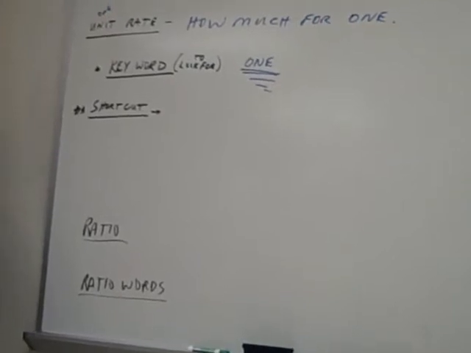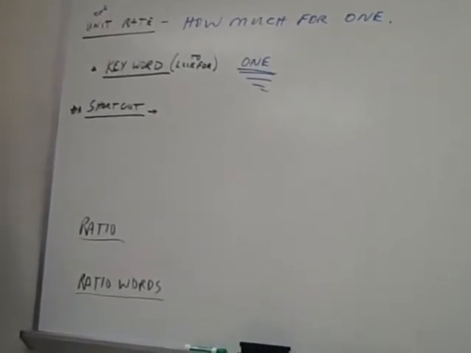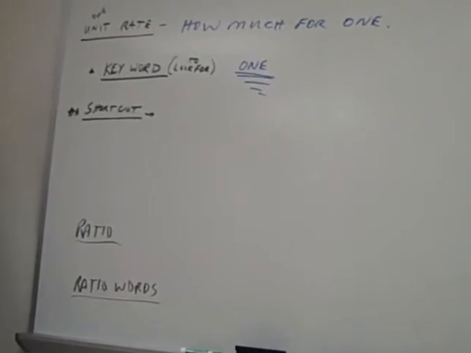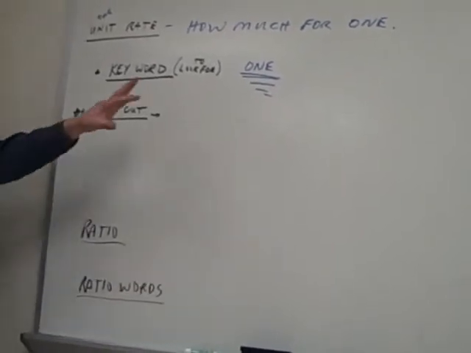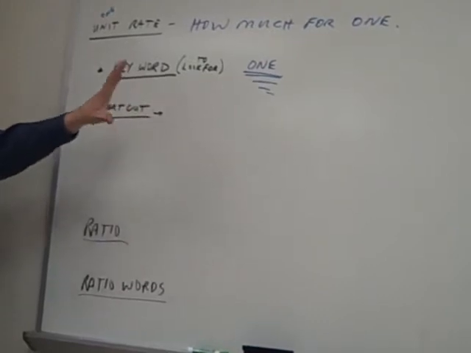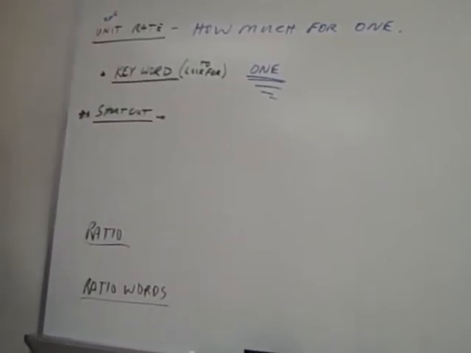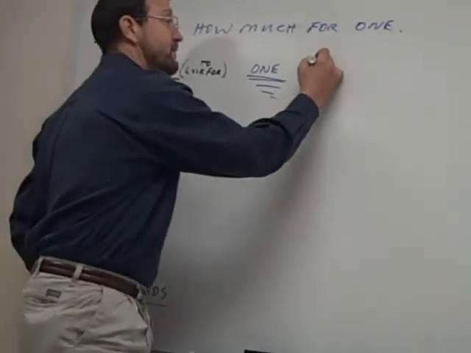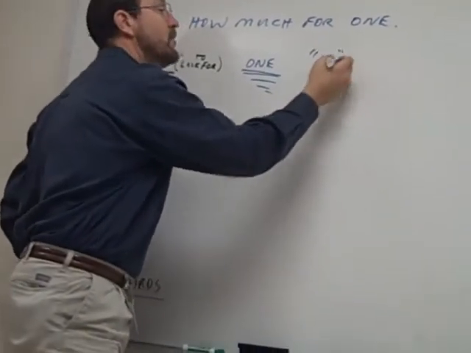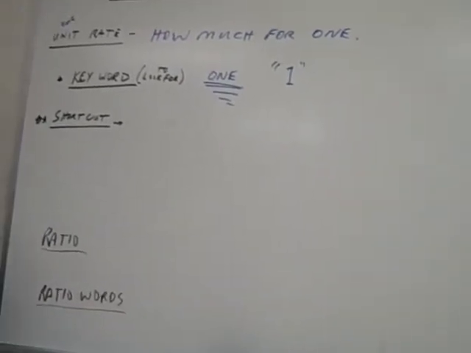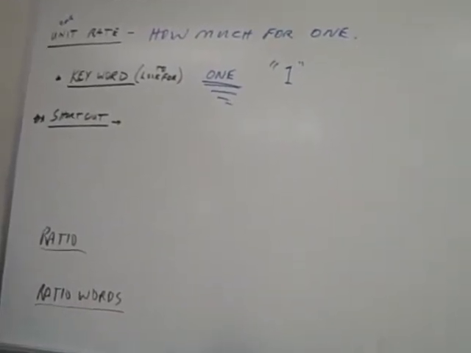How far can you run in 1 minute? How far can you drive in 1 hour? How far can you drive on 1 gallon of gas? Keyword's one. One makes us think unit. Now, sometimes they use the number 1 instead of the word 1. So you got to be ready for that.